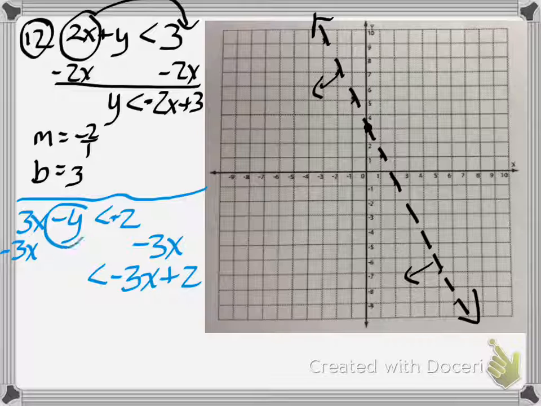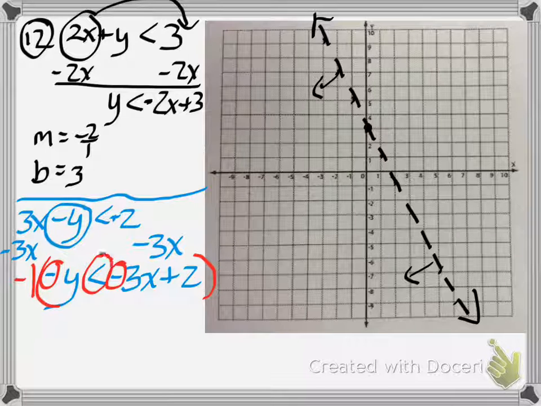The y is a minus y, so that becomes down as a negative y. Is y completely isolated from everything else? No, because there's still a negative sign to it. To get rid of that sign, this is where people make a lot of mistakes. We multiply everything by negative 1. So that means every sign changes, including your inequality symbol.